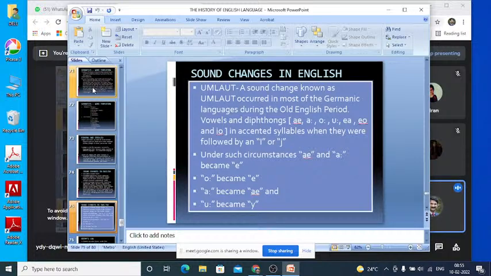And another vocabulary item, muses: this muses is becoming mees. And what is muses? Muses is modern English mouse. So in future modern English, this mees is becoming mice.